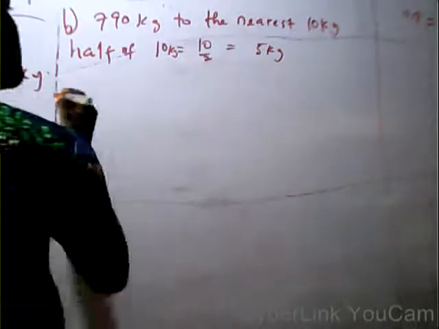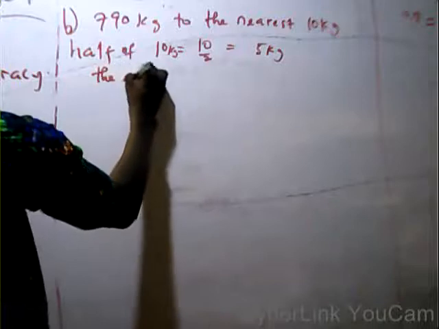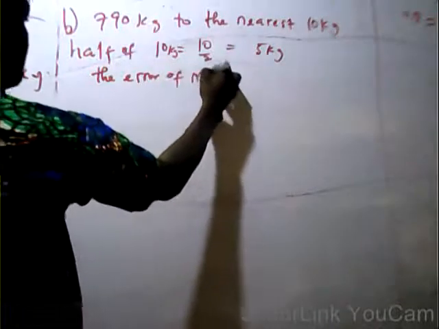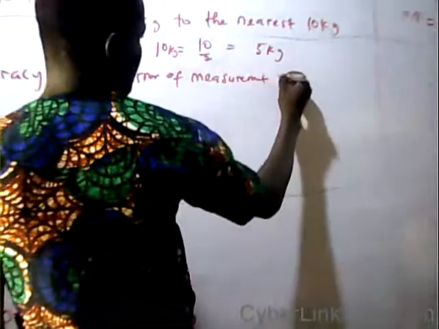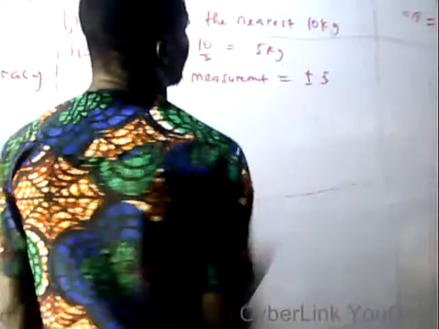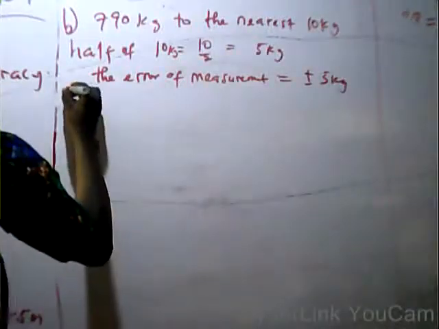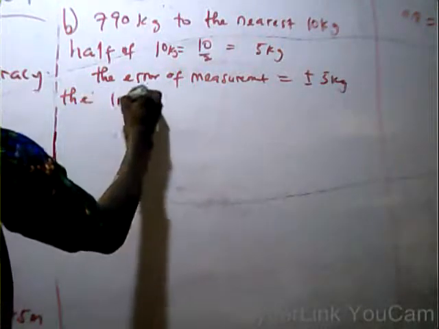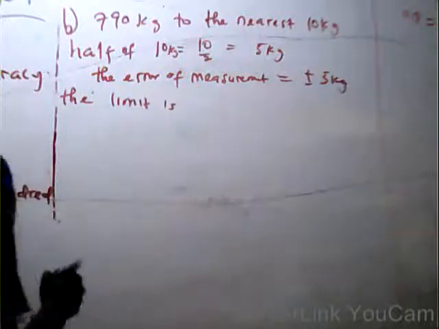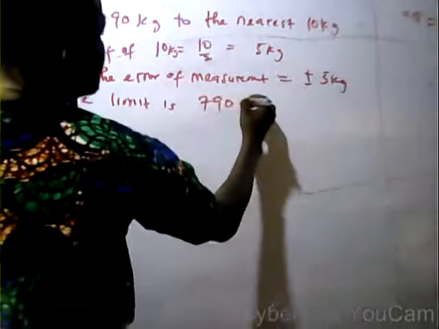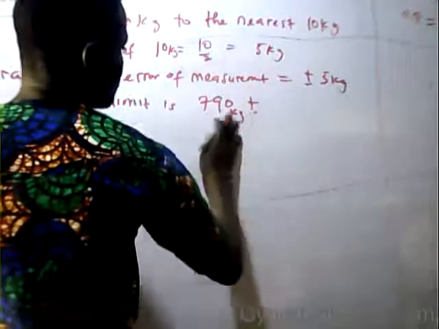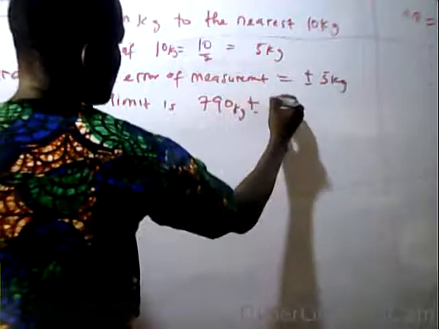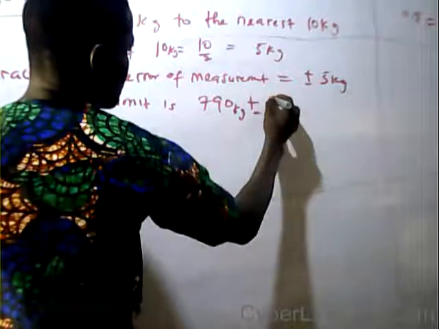So the error of measurement here is what? The error of measurement is plus or minus 5 kilograms. So which means the limit here is 790 kilogram plus or minus 5 kilogram. Are you getting it now?